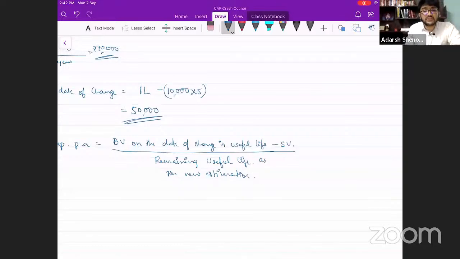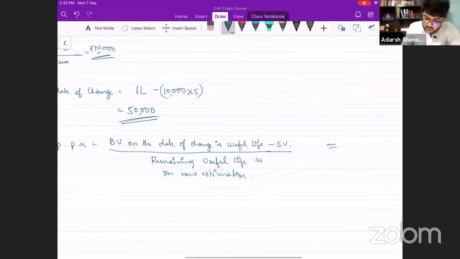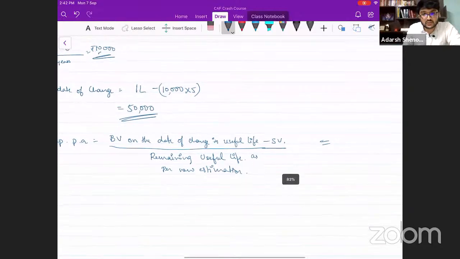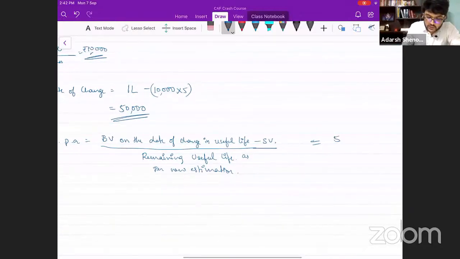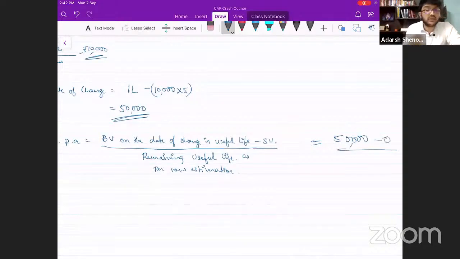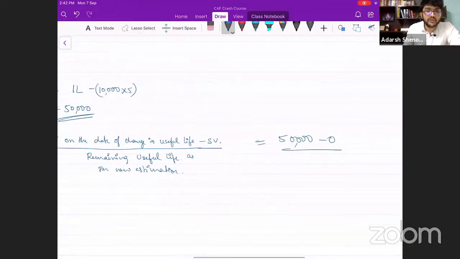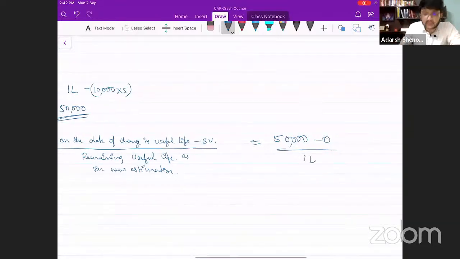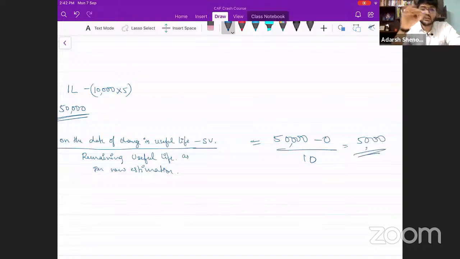So in this question, can you tell me how much is the book value of the asset? Book value on the date of change, I told you, 50,000 rupees. So 50,000 rupees, there was no scrap value, divided by remaining useful life. How much is the remaining useful life? 10 years. So what is the amount of depreciation? The new amount of depreciation is 5,000. So for the next 10 years, you're going to charge 5,000 each.